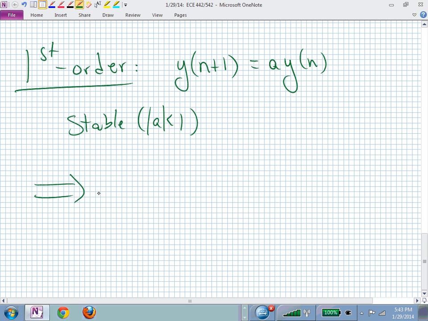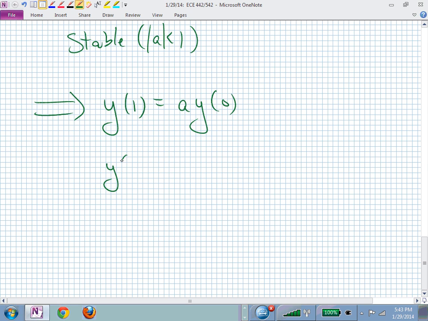Meaning y of 1 is just a y of 0. That's how we defined our system. But we also then know what y of 2 is. By our governing dynamics, that's a y of 1, but from the previous expression, we had an equation for y of 1 in terms of y of 0.